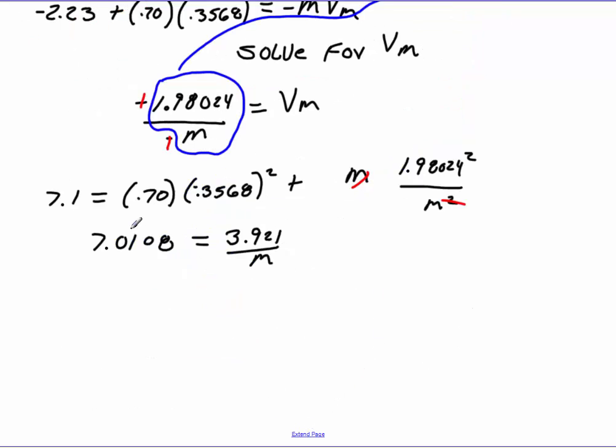Solve for m, bring the m up and bring this down. So m is going to equal 3.921 over 7.0108. We run that number there, and that gives us a mass of about 0.559.